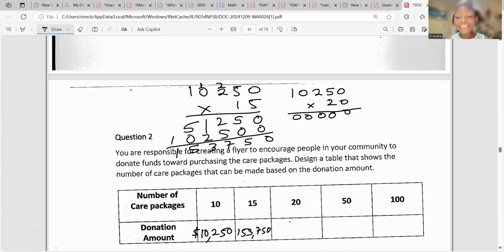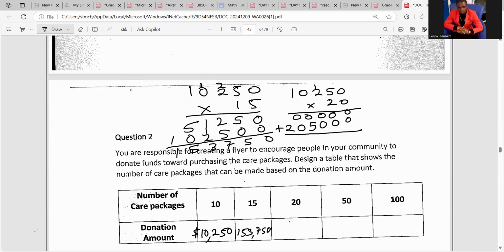So you're going to put your placeholder at the bottom. 2 times 0 is 0. 2 times 5 is 10. Carry the 1 and put down the 0. 2 times 2 is 4 plus the 1, which leaves 5. 2 times 0 is 0, so you put down the 0. And 2 times 1 is 2. So I got that as my answer.